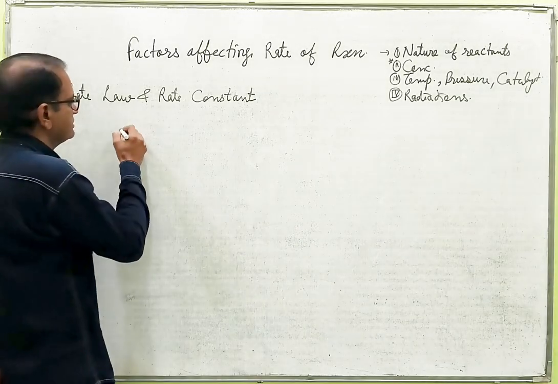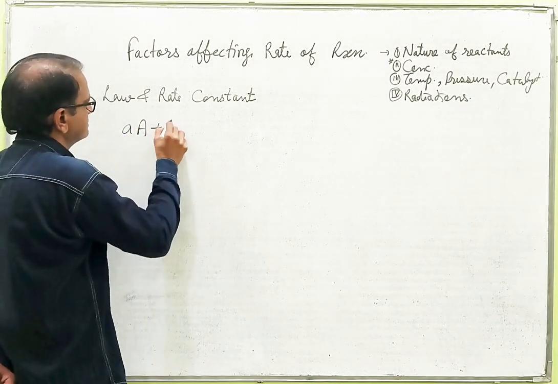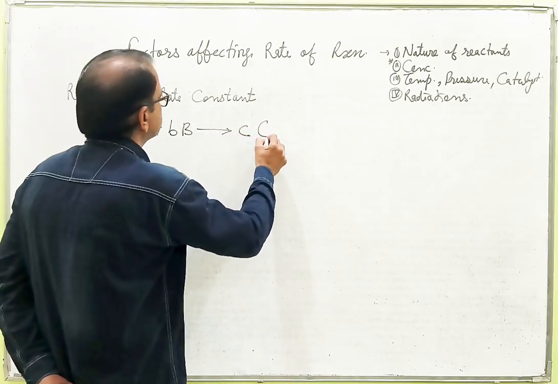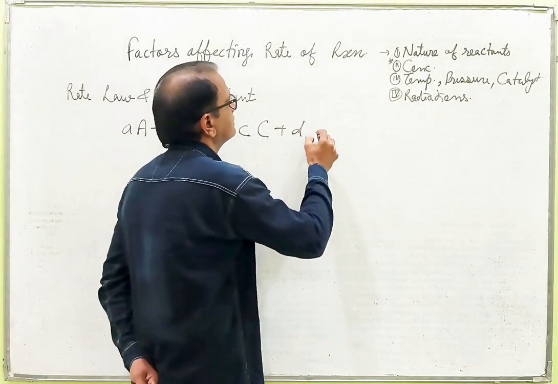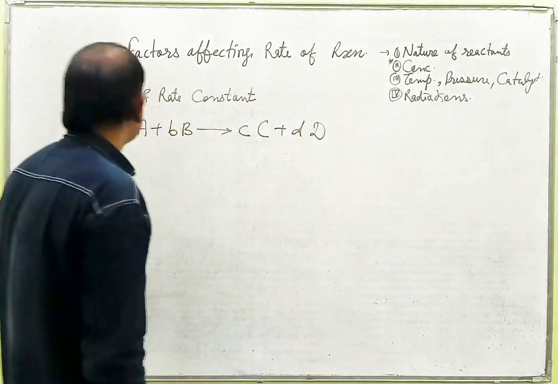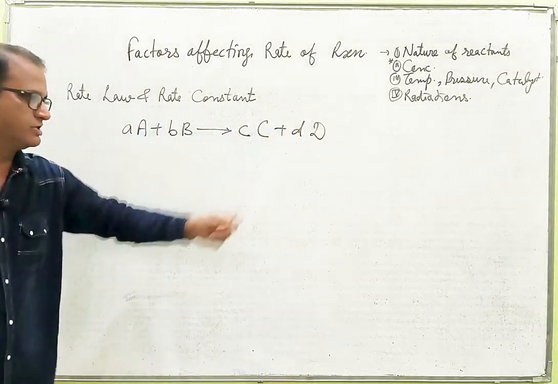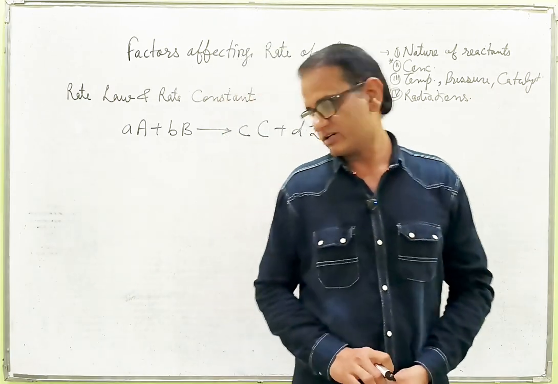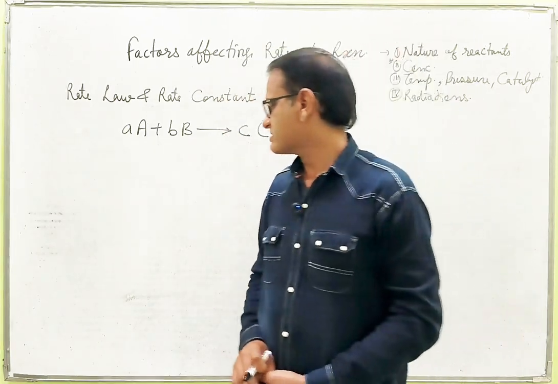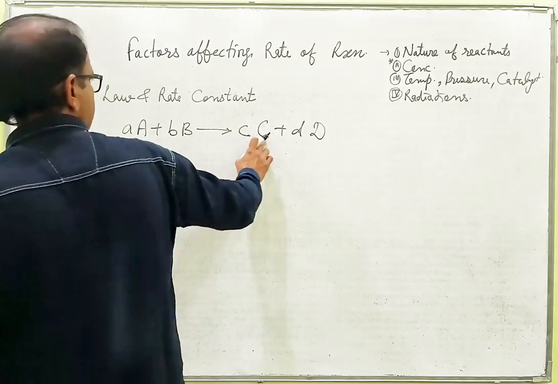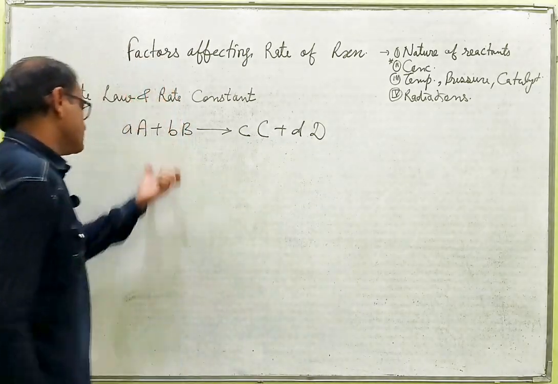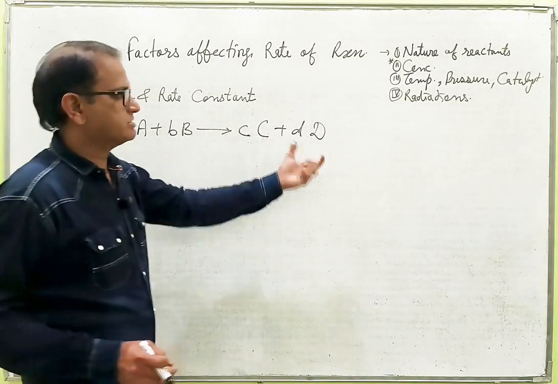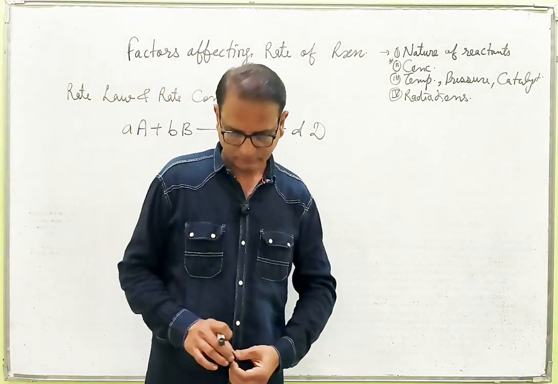Say for a general reaction like aA plus bB is equal to cC plus dD, where small a, b, c and d are the stoichiometric coefficients in a balanced chemical equation, and capital A, B, C, D are concentration terms for the reacting species A and B and the products C and D.